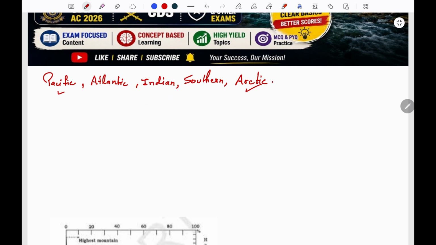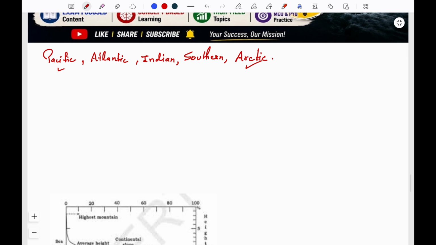So now let us have a look at how the ocean below water looks like. This oceanic floor is divided into major relief features and minor relief features.